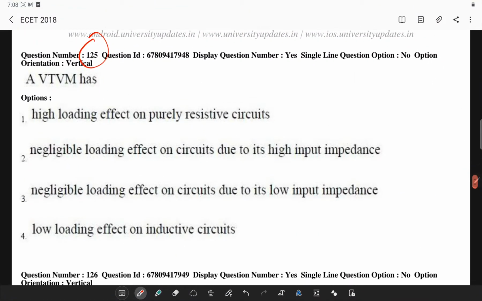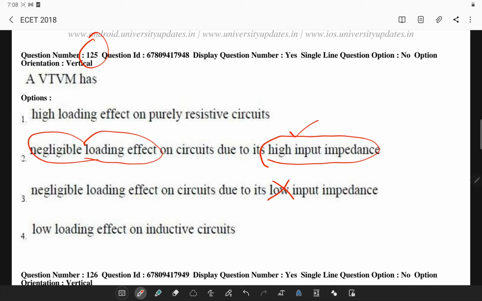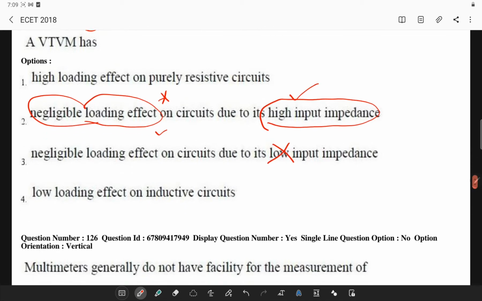Among all the four options, VTVM has high input impedance, because of which the loading effect will be cancelled. We will learn what loading is in future questions.